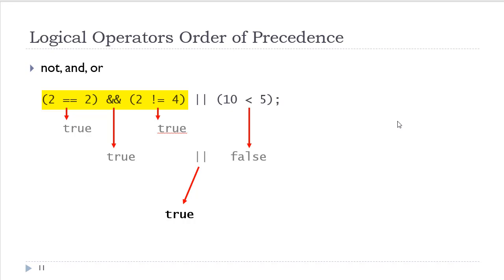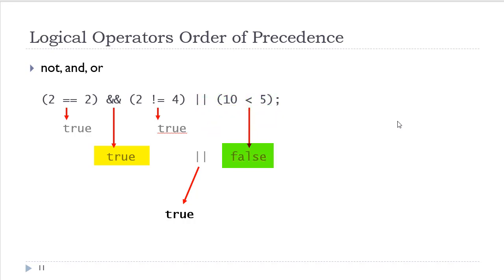On the right of the and we have 2 not equal to 4, which it's not, and that's going to return true. So essentially we have a true on the left side of the or now, and now we have an expression on the or which we need to evaluate. This expression on the right-hand side of the or is being evaluated with the result of what was on the left-hand side of the or.